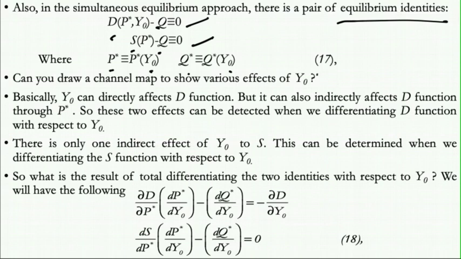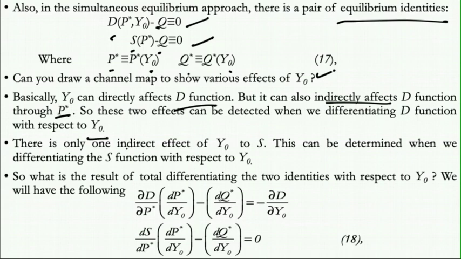You should try this at home, because I have shown you the channel map earlier when we did differentiation previously. So basically, Y naught can directly affect the D function, but it can also indirectly affect the D function through P, price.